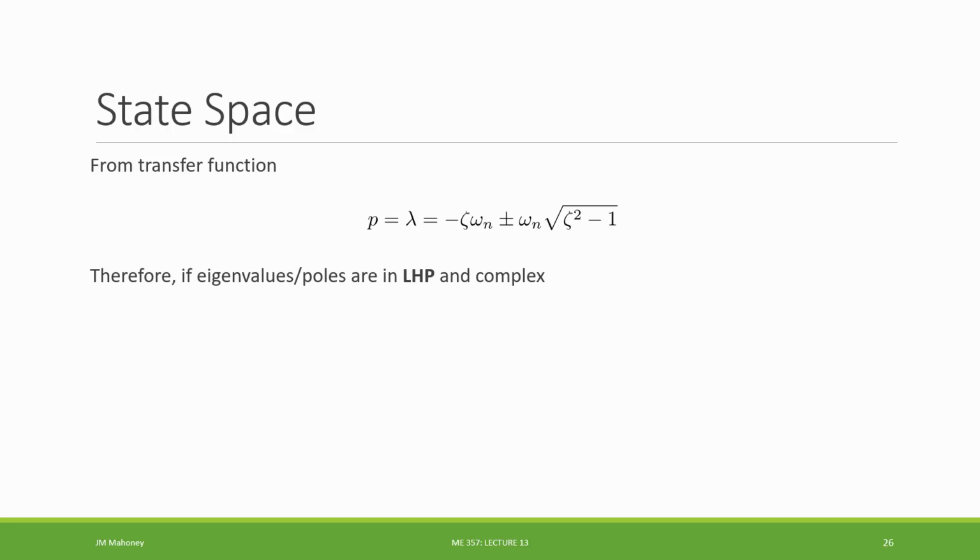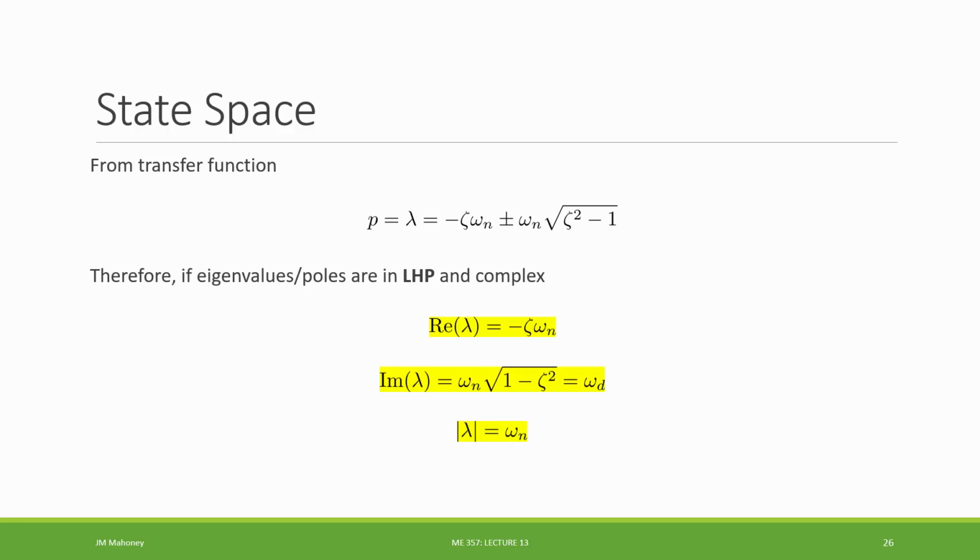So when we know the eigenvalues of our A matrix or the poles of our second order system, then we can find these relationships. When they are complex, the real part of the pole is negative zeta omega n, and then the imaginary part of the pole or the eigenvalue is the damped frequency. And we can use these values to figure out the parameters of our system.